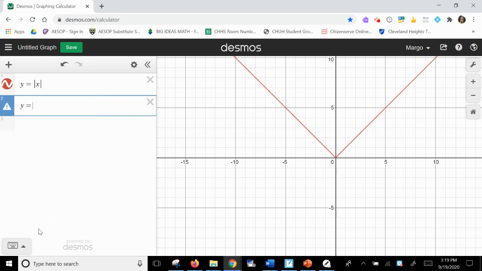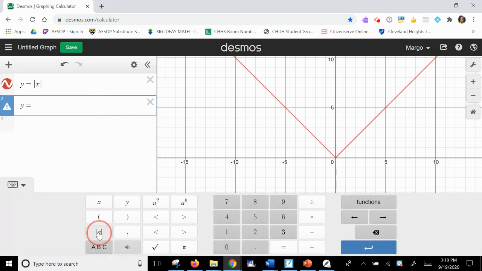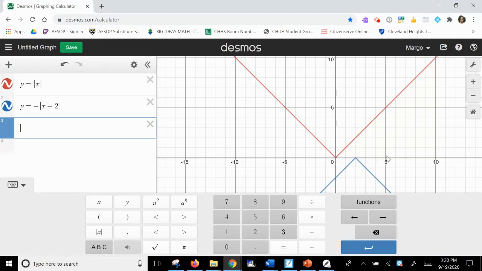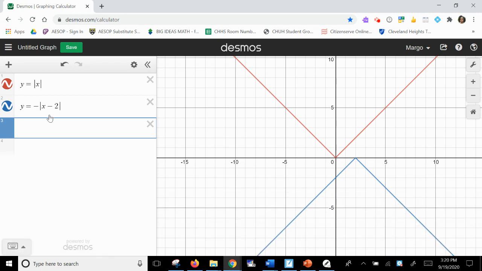If I want, let's see, absolute value, what was the next equation? Negative absolute value of x minus 2. Then I'll put my x minus 2 inside the bars, but I'll have a negative on the outside of the bars, okay? And then it was your job to see that the parent graph, the bottom of the V is at 0.